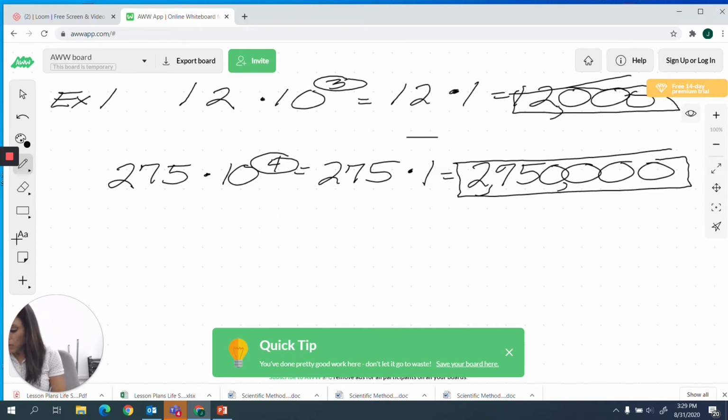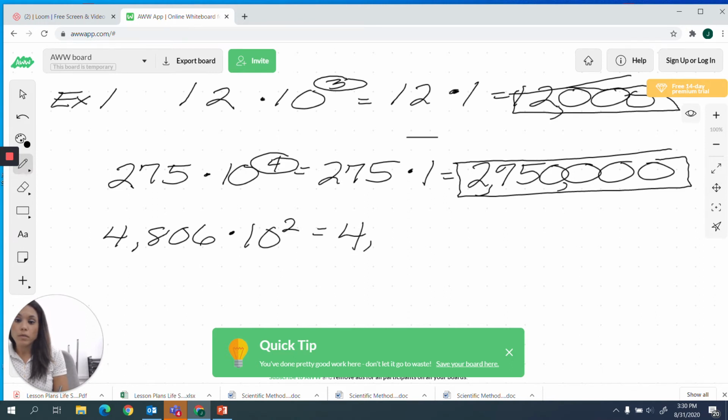Next example, 4,806 times 10 to the second power. So this is 4,806 times 1, which equals itself.